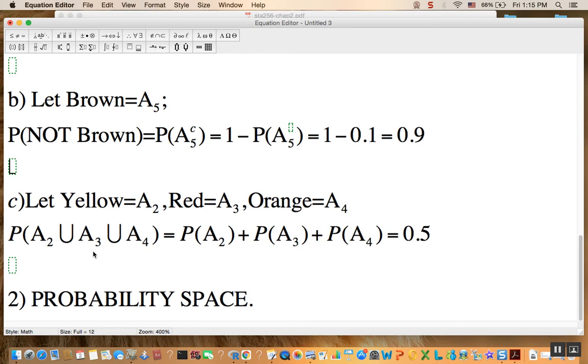Well, I want you to note something else about this simple example. These 7 colors are all the possible outcomes as far as colors go for this random experiment. Okay?